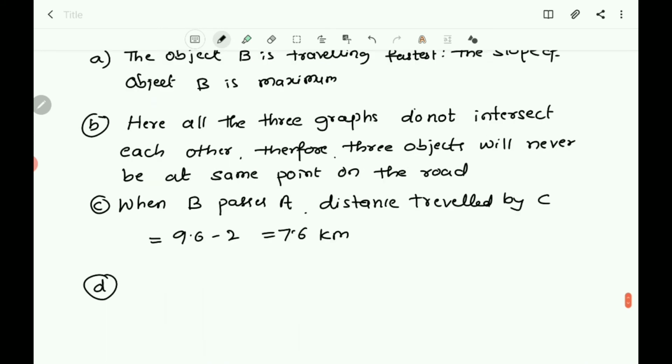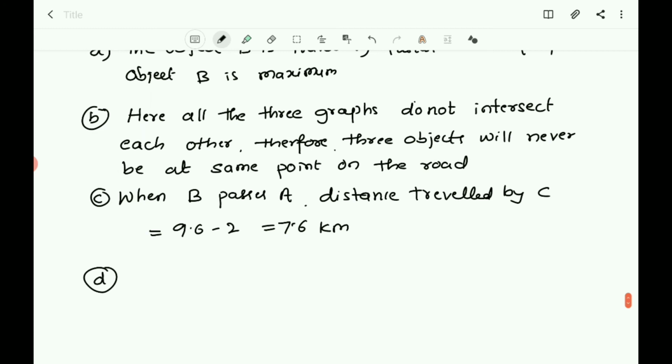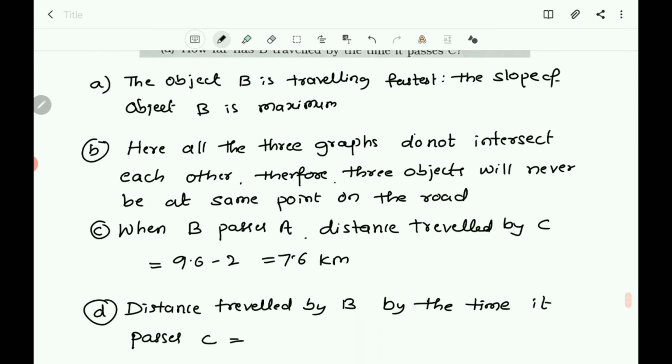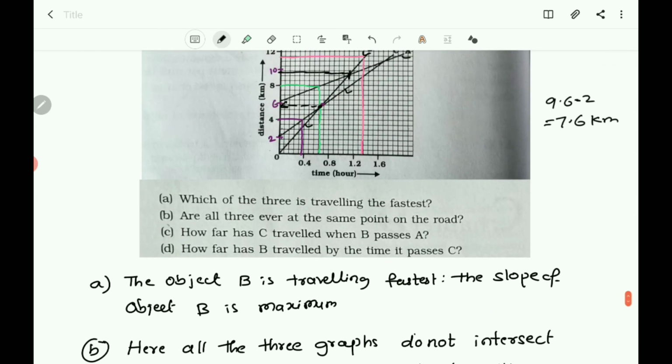So the distance travelled by B by the time it passes C is 6 kilometer.